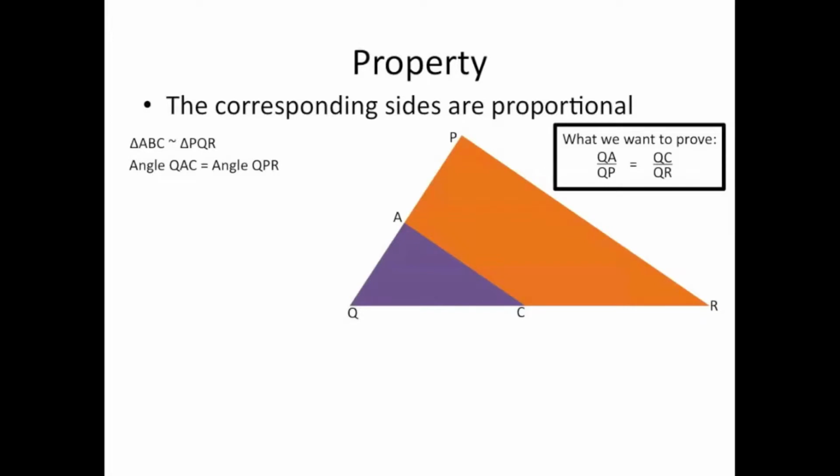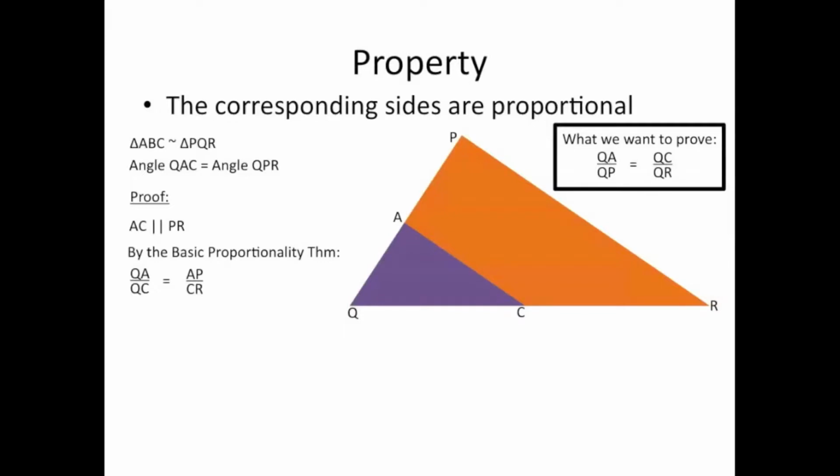With that in mind, we know that AC must be parallel to PR since angle QAC is a corresponding angle to QPR. Because of this, by the basic proportionality theorem, we can say that QA over QC is equal to AP over CR.